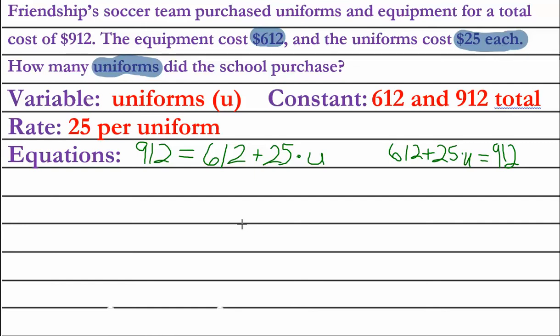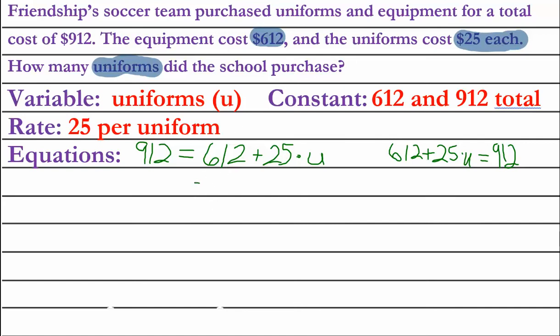So let's go about solving this. So can I simplify? Nope. Is there a variable on both sides? Nope. And then finally, we've got inverse operations. 25u, I want to leave that alone for right now. So how do I isolate it and get rid of this 612?